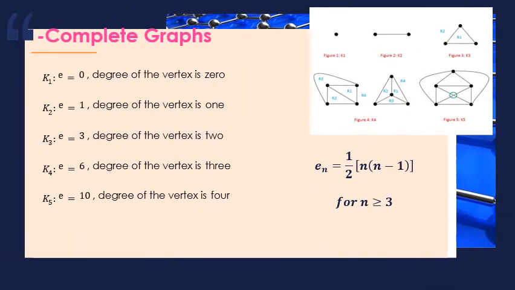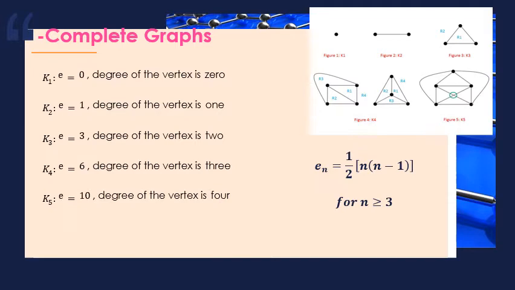Okay, so based on the different graphs we saw, we could identify the number of edges and at the same time the degree of the vertex in a specific graph. For example, for K1, figure 1, there is no edge because there is no line connecting two vertices, so the degree of the vertex is also 0.